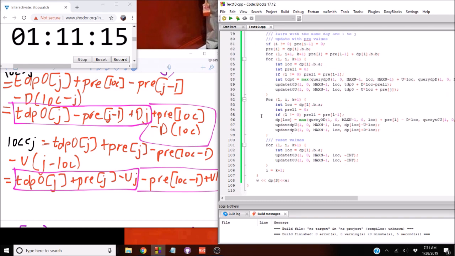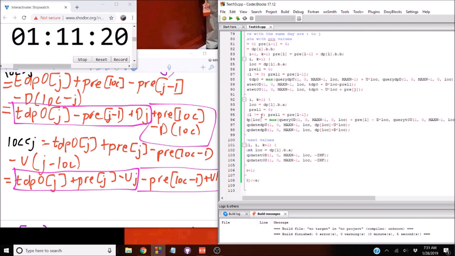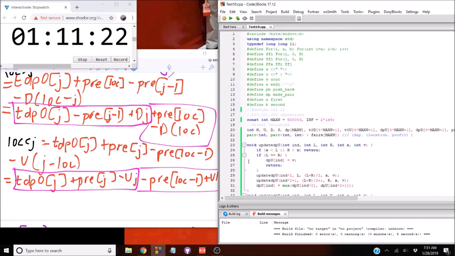Cool. So I got all my update functions. Now I just need to write the queries for all of these.